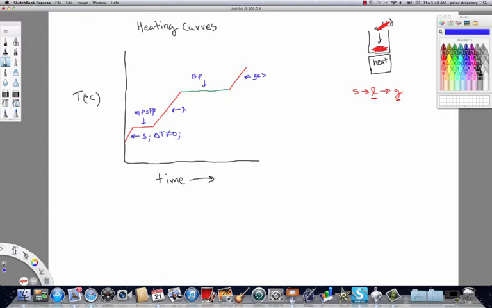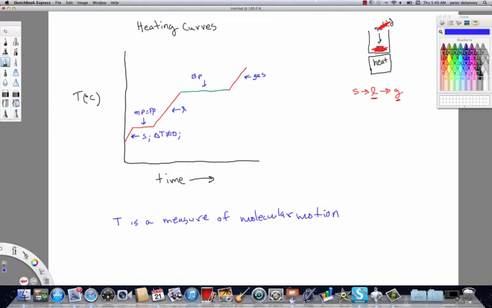Remember that temperature is a reflection, I think I'm going to write that down here. Temperature is a measure of molecular motion. It's a measure of molecular motion.